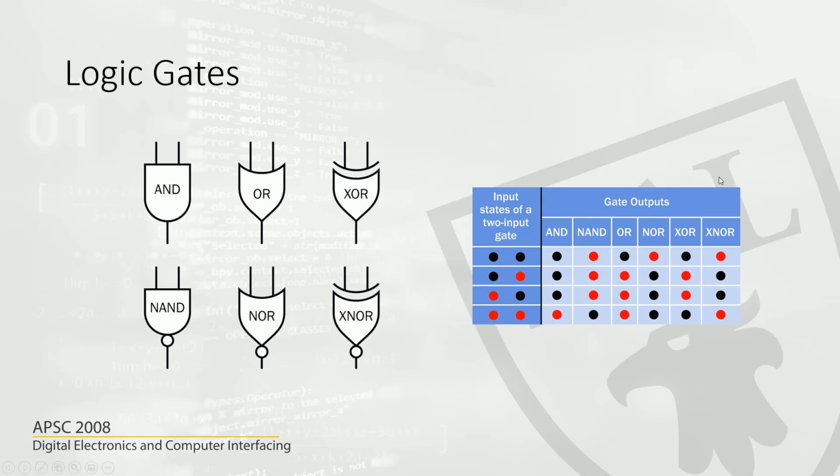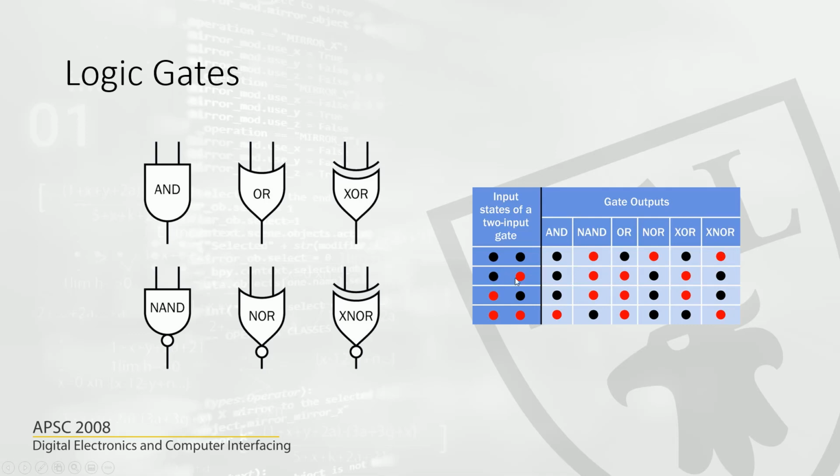Here's something called the truth table, which indicates what kind of gate outputs you can expect when you feed different combinations of input. Here black is 0. When you apply 0, 0, what happens in the AND gate, NAND gate, OR gate, NOR gate, XOR and XNOR?